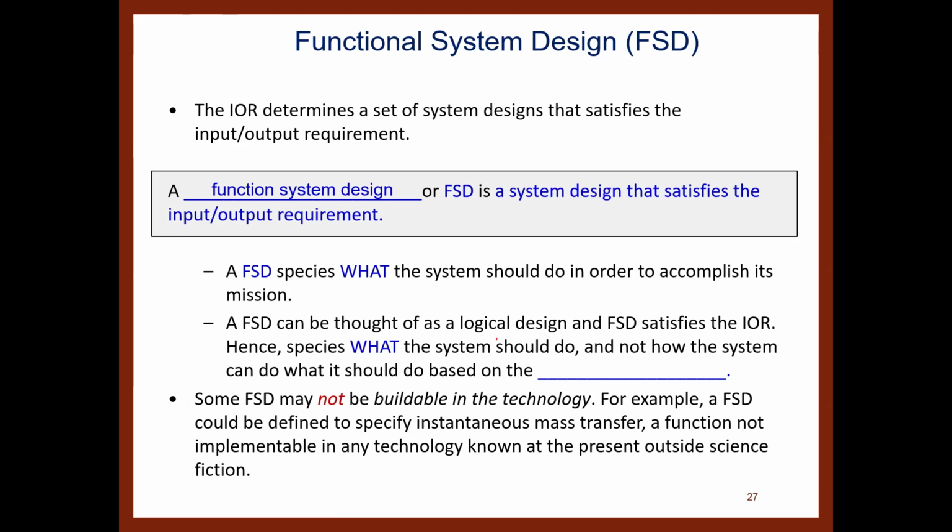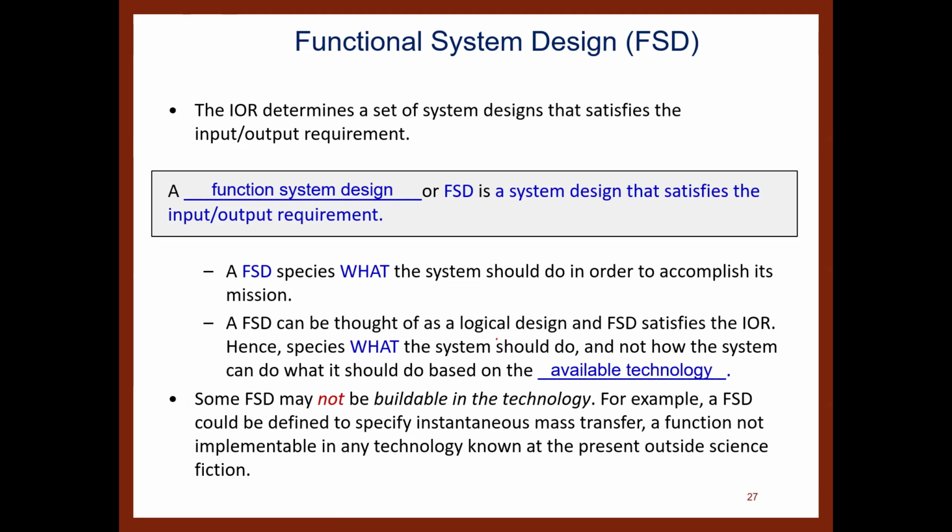So that's the type of analysis that we are trying to make. So an FSD specifies what the system should do in order to accomplish its mission, and can be thought of as a logical design that satisfies the input-output requirements. It specifies what the system should do, and not how the system can do what it should do based on the available technology.